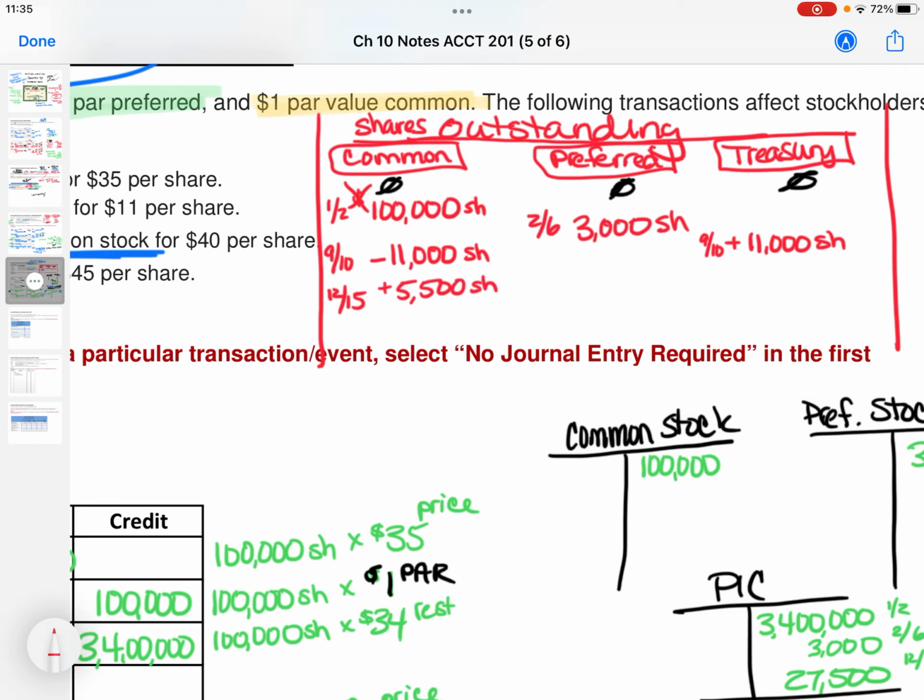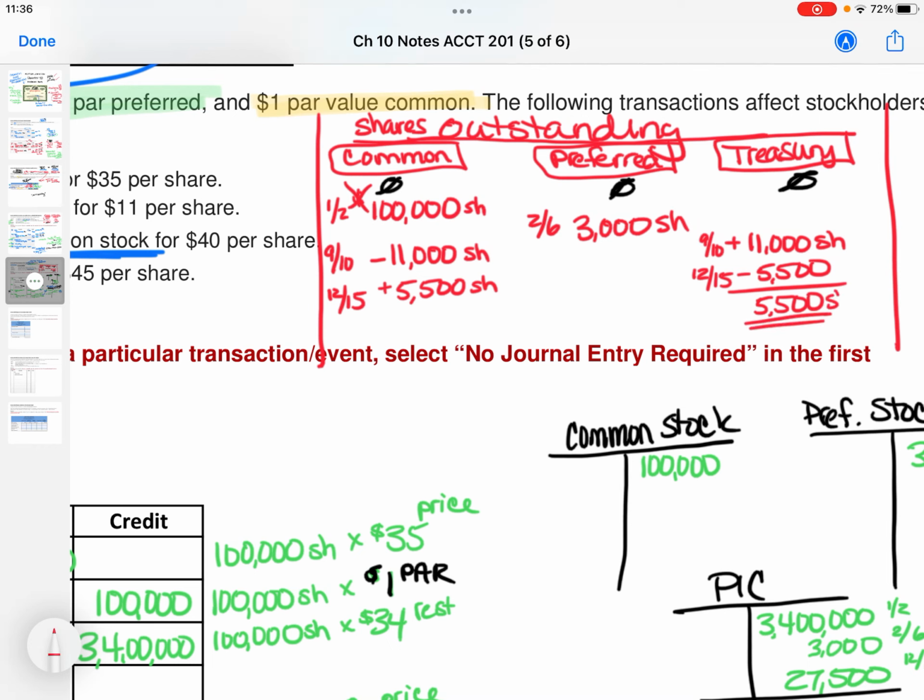So this is increasing this column. I'm just keeping track of the shares. Over here in the treasury stock, I am going to decrease the shares by 5,500. And let's just total this out. Treasury stock has 5,500 shares left, right?